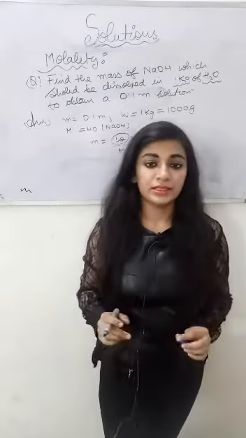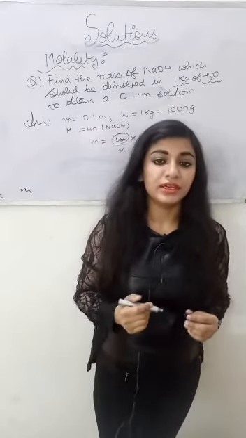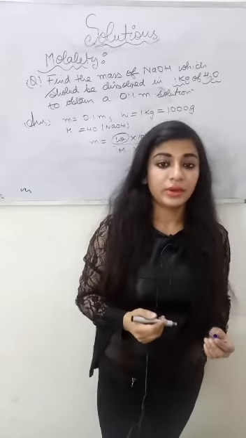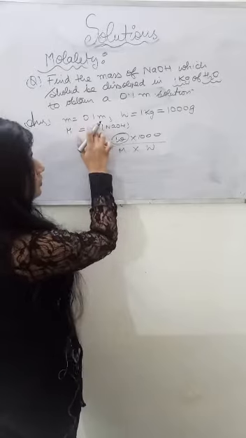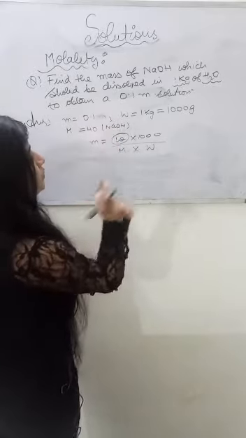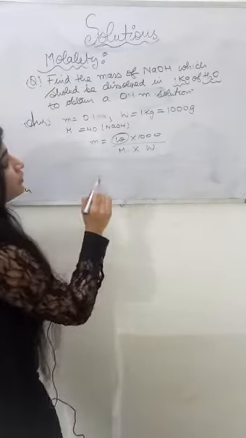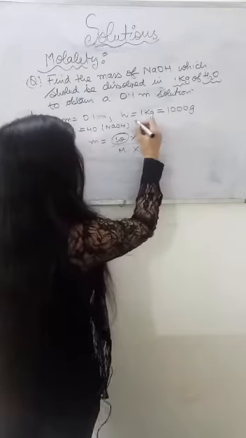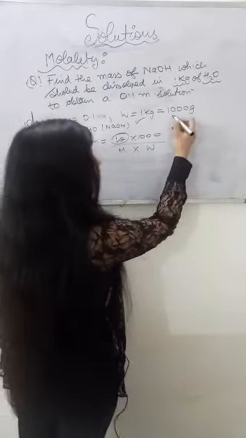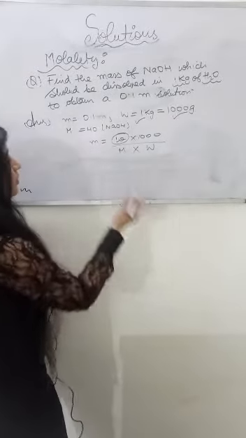The molality is given in the question, so small m is 0.1. How much amount of solvent is present? 1 kg of water. So 1 kg is equal to 1000 gram.